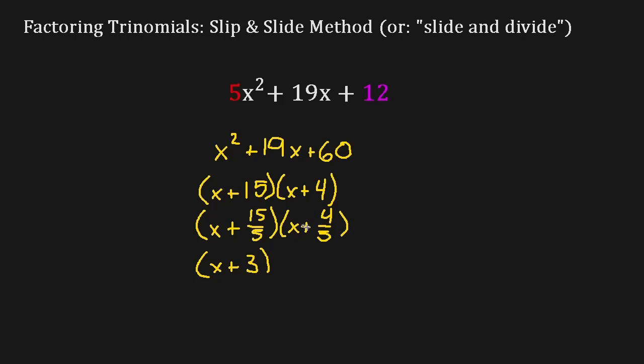And for x plus 4 over 5, instead of simplifying this, because we can't, we will multiply this sum by 5. So that will just give us 5x plus 4 over 5 times 5 is just 4. And this is our final answer for factoring 5x squared plus 19x plus 12.